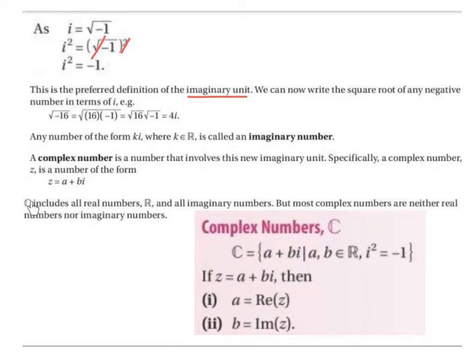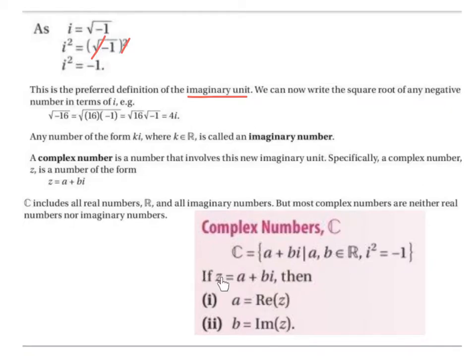This capital letter C represents complex numbers, and includes all real numbers and all imaginary numbers. But most complex numbers are neither real numbers nor imaginary numbers. So C is equal to a plus bi, where a and b are elements of the real number set, and i squared is equal to minus 1.